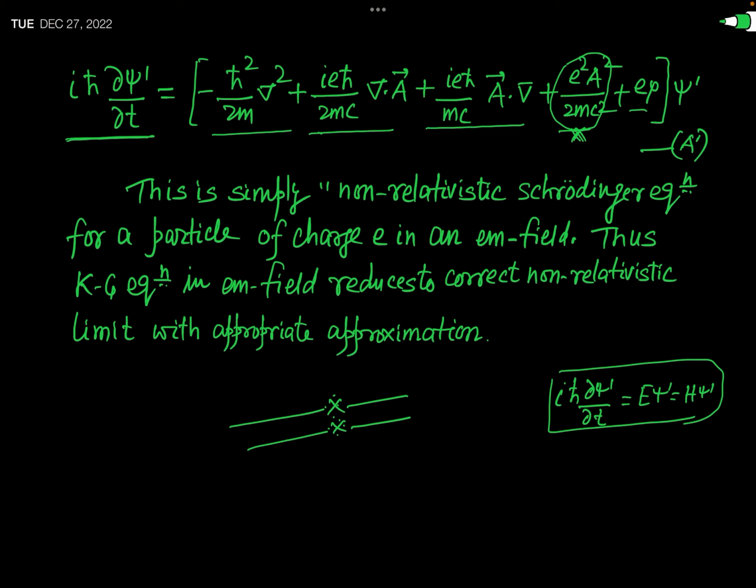Okay, so you can say that this KG equation in an EM field reduces to the correct non-relativistic limit with appropriate approximation. But you have seen that you have to take so many approximate values. So in this way we can transform the relativistic KG equation into its non-relativistic equivalent form.